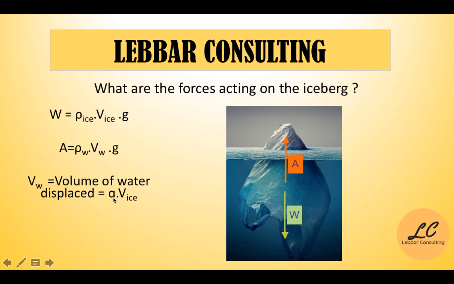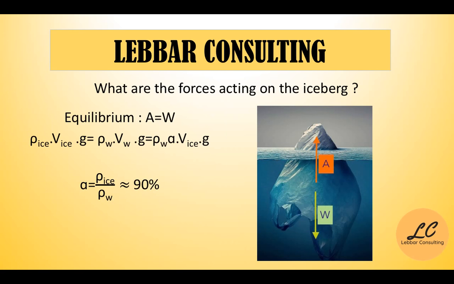So alpha must be less than 1, and this is what we are looking for. To do it, we just have to write the equilibrium of our system. Basically, all the forces must counterbalance each other because our system is in equilibrium. It doesn't move, it has no acceleration. So all the forces must go to 0.